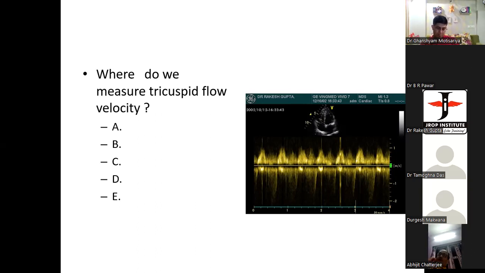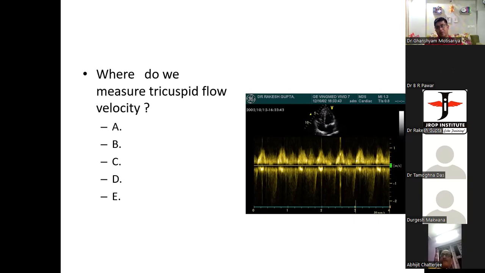Then the parasternal short axis view at the aorta. We can see RA, RV, and then the RVOT and pulmonary artery. Any modification of the apical four chamber view? Suppose you go up by one space and move close to the sternum.